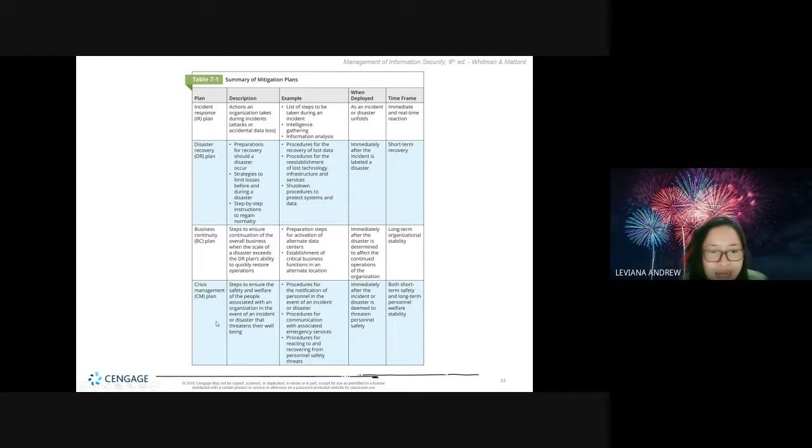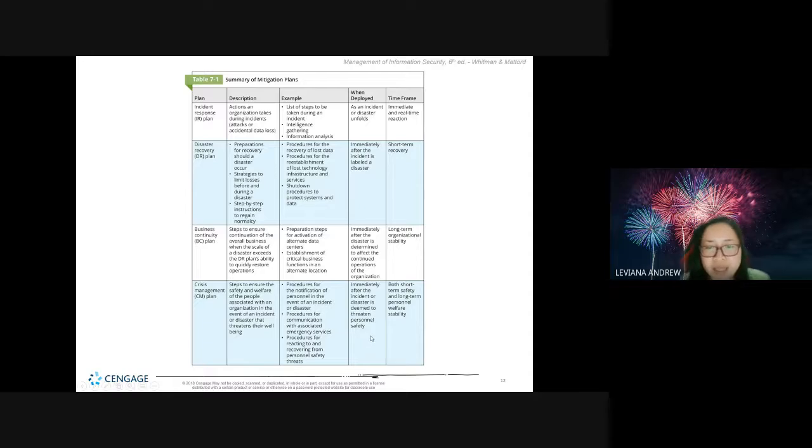Crisis management plan are the steps to ensure the safety and welfare of the people associated with the organization in the event of an incident. So this is more on the people. For example, the procedures for notification of personnel in the event of incident disaster, procedures for communication with emergency services, and procedures for reacting to and recovering from personnel safety threats.